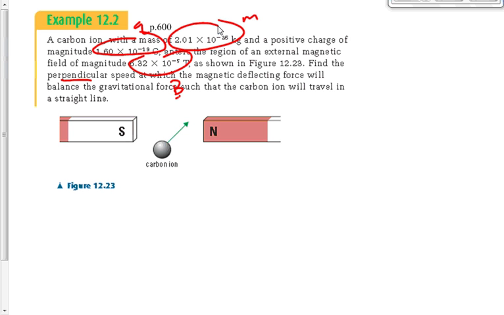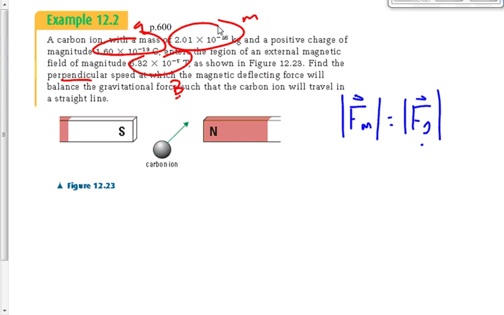Yep. Find the force of gravity. Okay, you could absolutely find the force of gravity acting on the ion first. And what would you do with that? Make that equal to the magnetic force? Yeah, absolutely. Or what you could do is just say the magnetic force is equal to the force of gravity. That's effectively the same thing, right? Okay, if you calculate, Mac, the force of gravity, and then Tanner, you set it equal after that to the magnetic force, great.